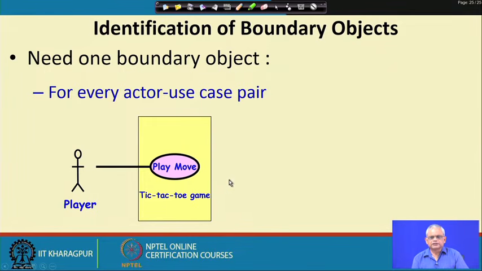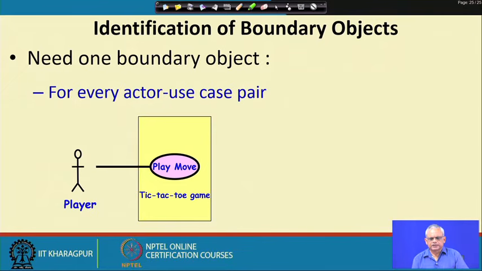So, as you can see, the boundary class and the controller class are rather straightforward to identify just from an inspection of the use case diagram, whereas the entity classes require a bit more experience and practice to be able to successfully identify the entity classes.